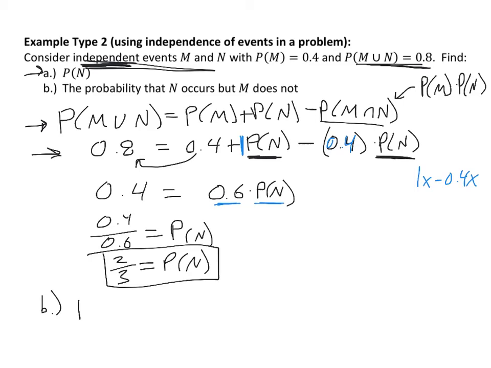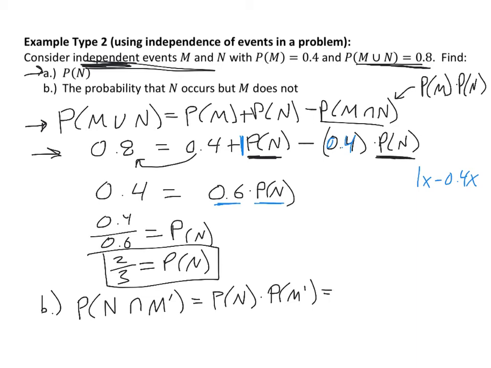It's an AND probability because you're being asked to find the probability that N occurs and also that M does not occur. Okay? But again, these are independent events, and so we can use the properties of independent events to say that this has to be the probability of N times the probability of not M, and then I just need to plug in these values that we have.